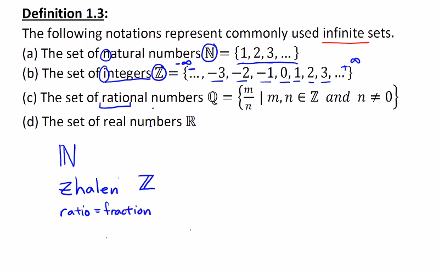So what we're talking about here with the set of rational numbers is the set of fractions, everything that can be written as a fraction. Now that does include all of the integers. For example, we could certainly take the number -3 and make it -3/1, and now it looks like a fraction. So all of the integers also qualify as being rational numbers.